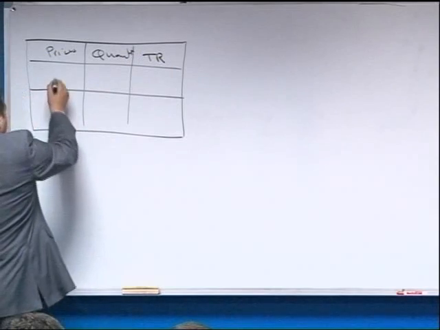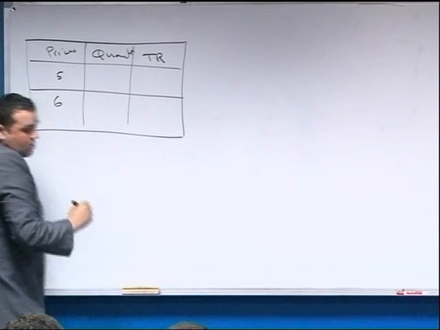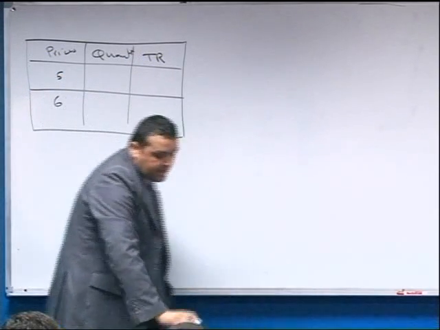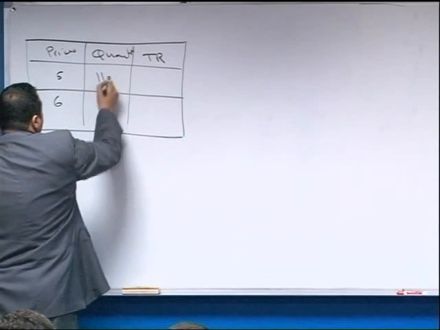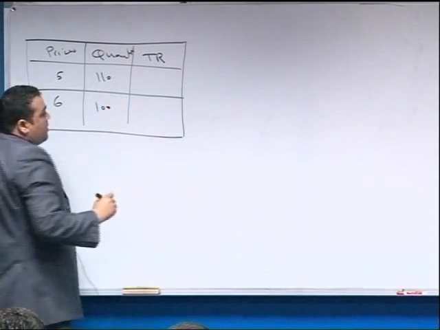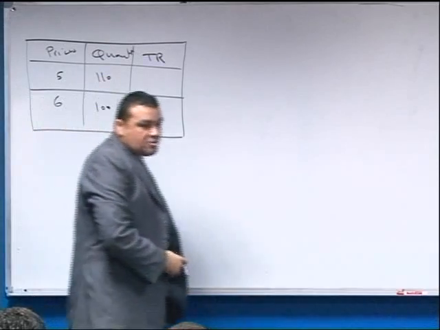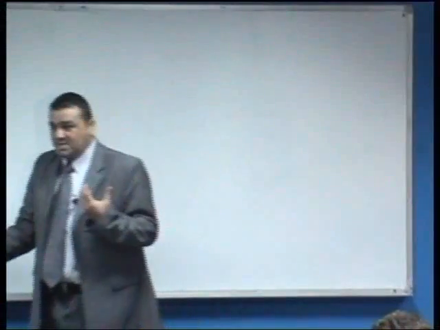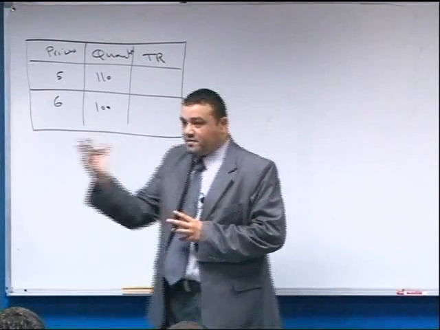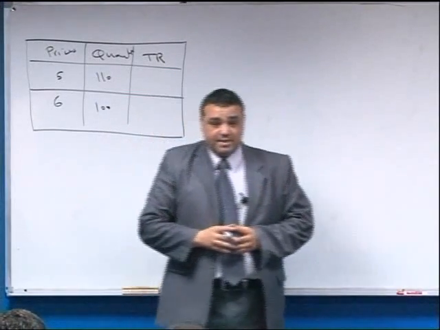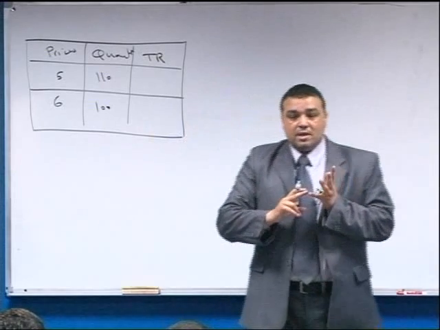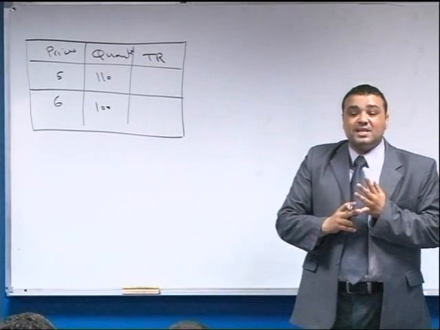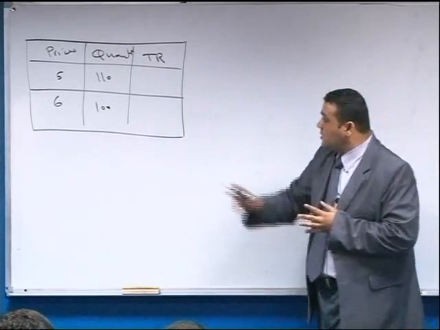The prices are 5, 6, and the quantities are 110, 100. The question is, calculate the total revenue and explain the relationship between the prices and the total revenue and the price elasticity of demand. Number 1, calculate the total revenue and the price elasticity of demand.